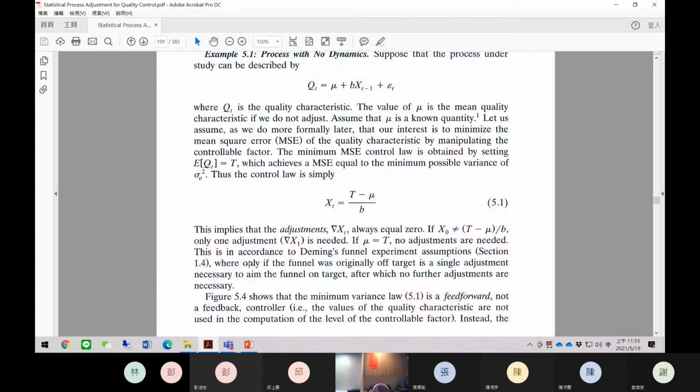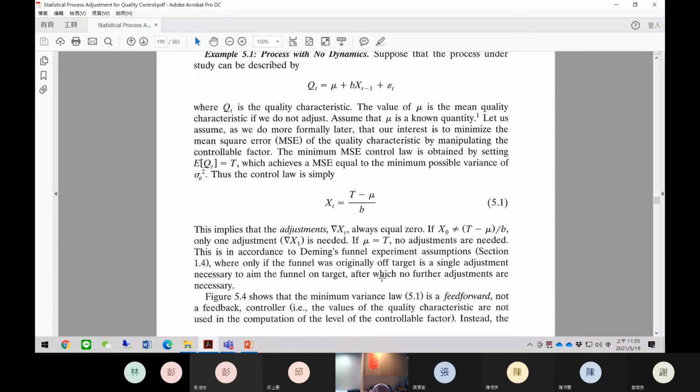Only if the funnel was originally off target, if X is not set originally toward the target, a single adjustment is necessary to end the funnel on the target, after which no further adjustments are necessary.